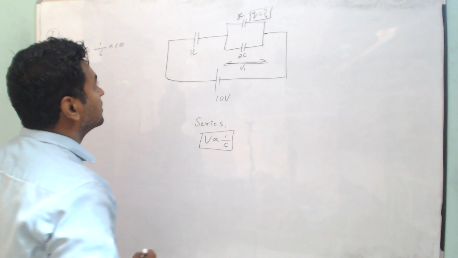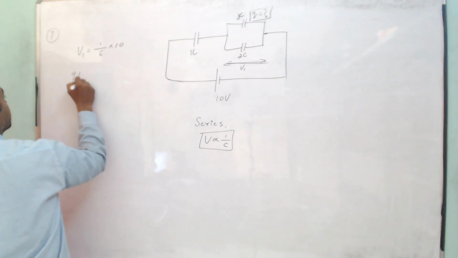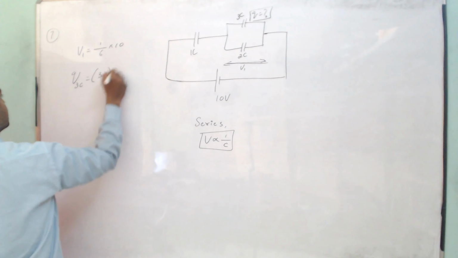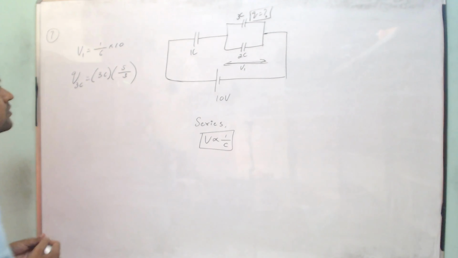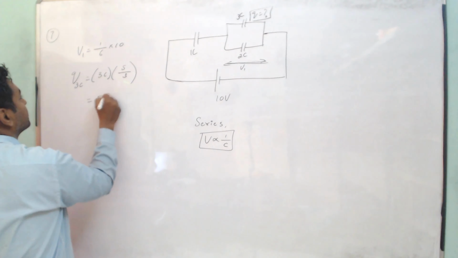And I want the charge on the 3 coulomb capacitor. It is C into V, right? 3 coulombs into 5 by 3, no, sir, it will be 5 volts. 5 coulomb.